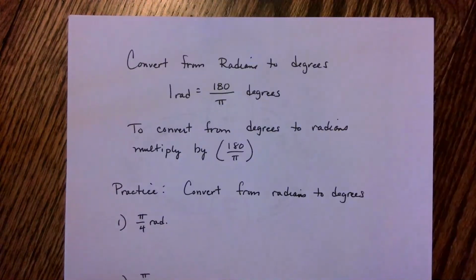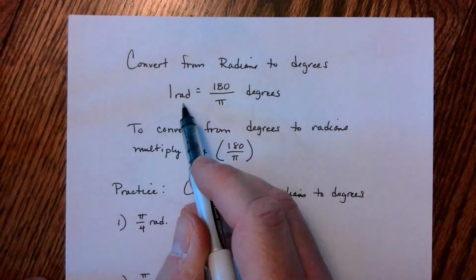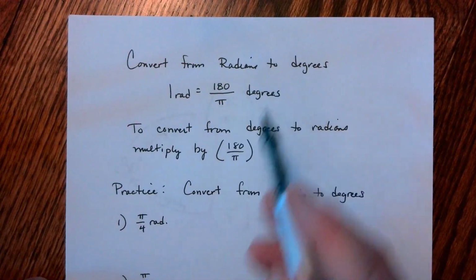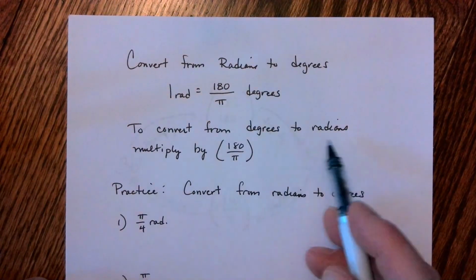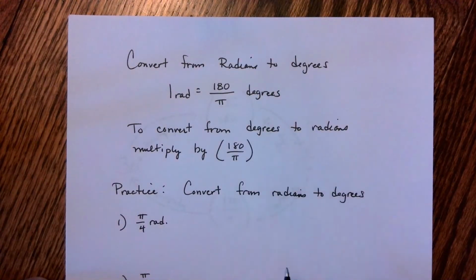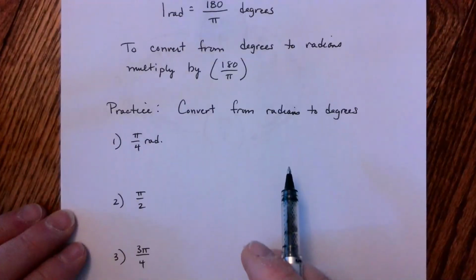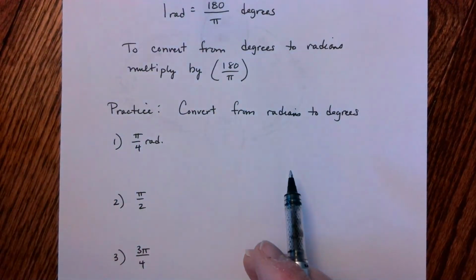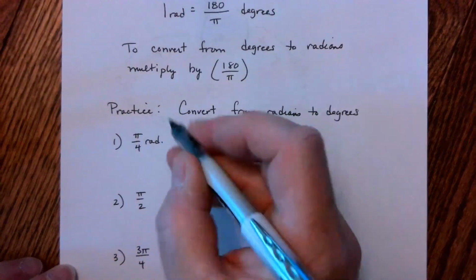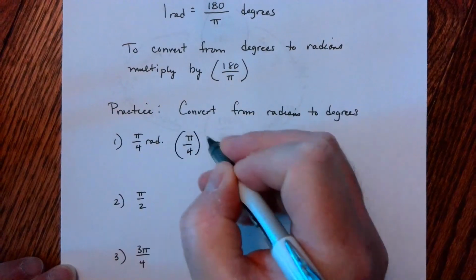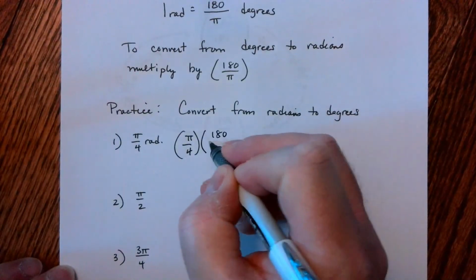Now let's go the other way. What if we want to convert from radians to degrees? So 1 radian would be equal to 180 over pi degrees. So to convert from radians to degrees, you simply multiply your radians by 180 over pi. So let's do a little bit of practicing here. This is simply going to be pi over 4 times 180 over pi.